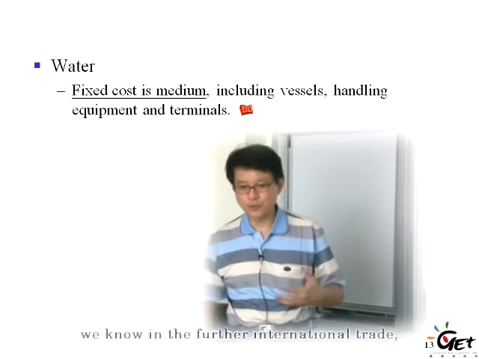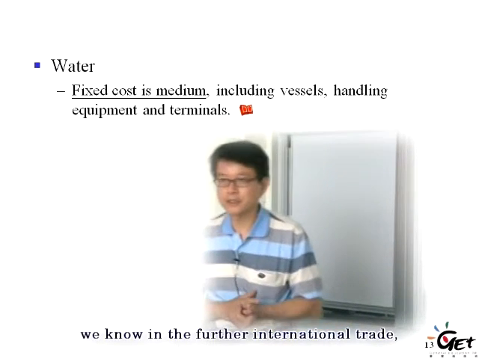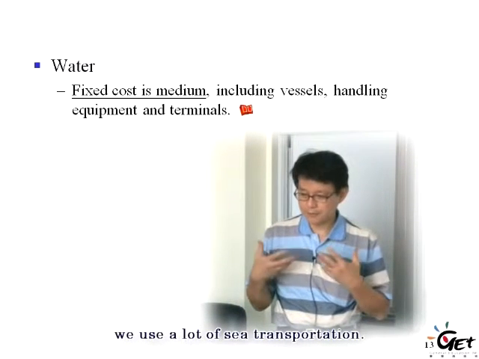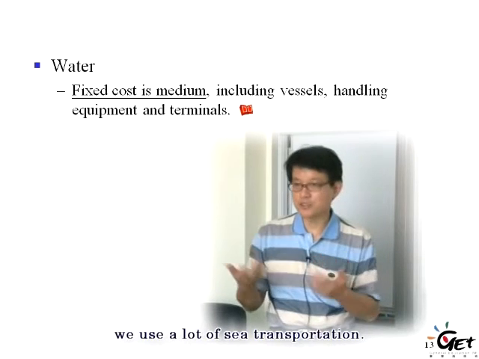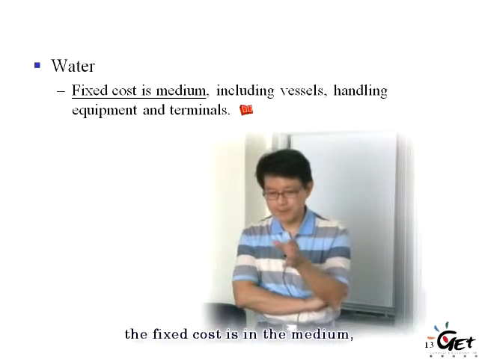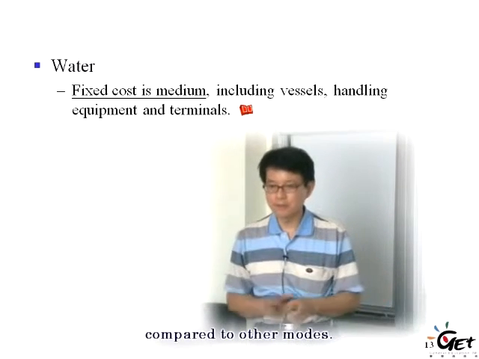And the third one is water, including sea transportation and river transportation. Of course, we know that for international trade, we use a lot of sea transportation. For this transport mode, the fixed cost is in the median compared to other modes.